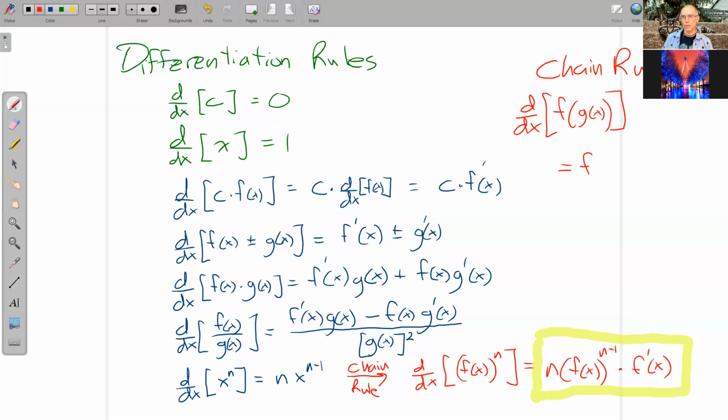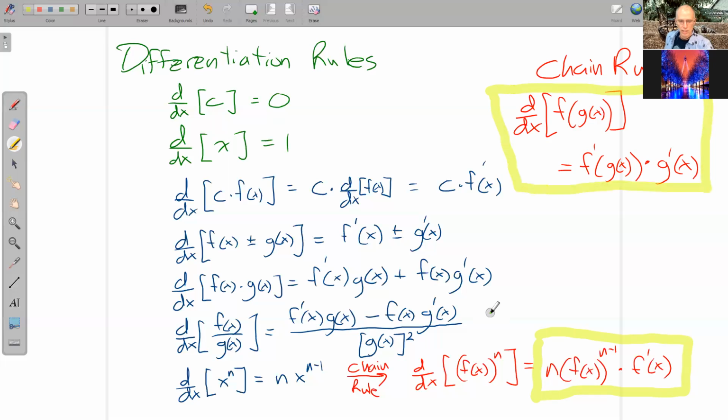Then we take the derivative of the outer, leave its inside alone, and the chain rule says adjust by multiplying by the derivative of the inner function. So this is what we're working on in this section. Super important, probably the most powerful rule we've found so far.